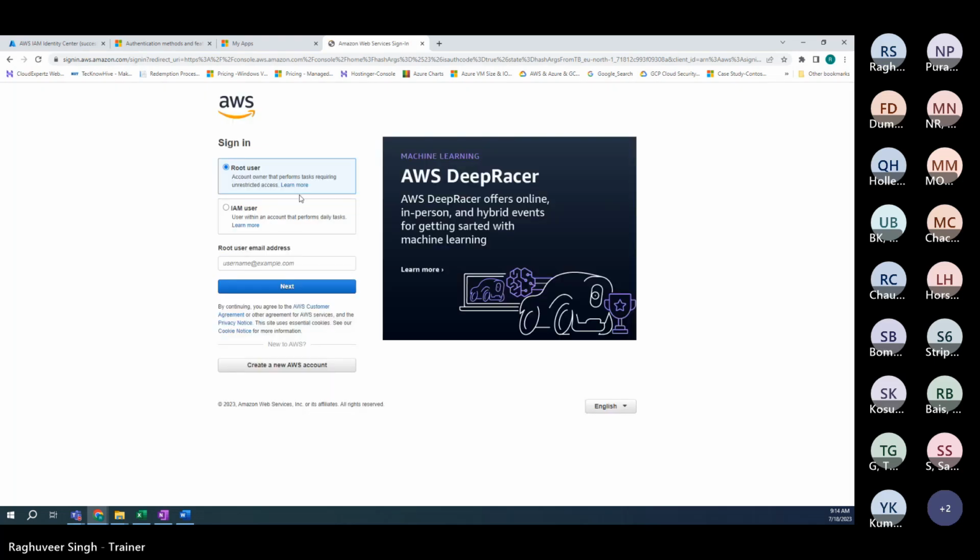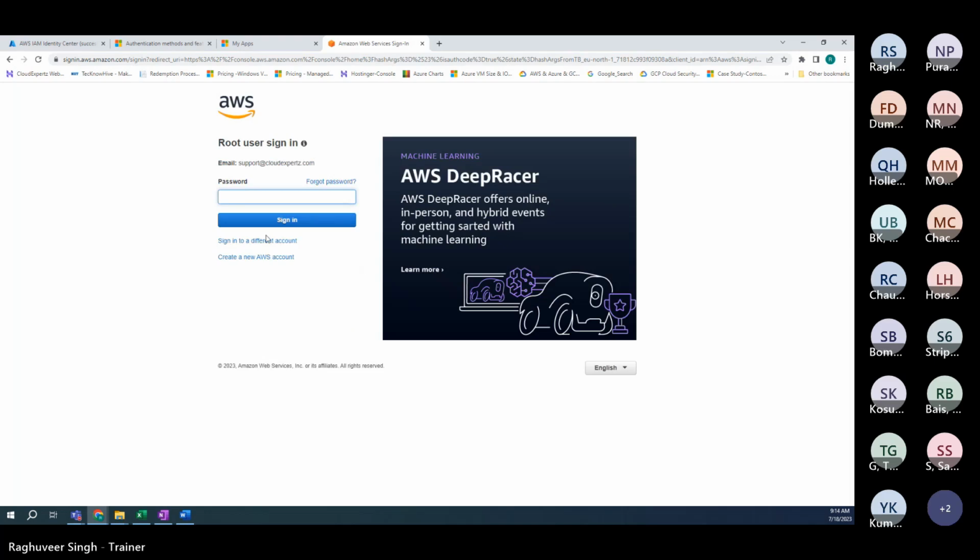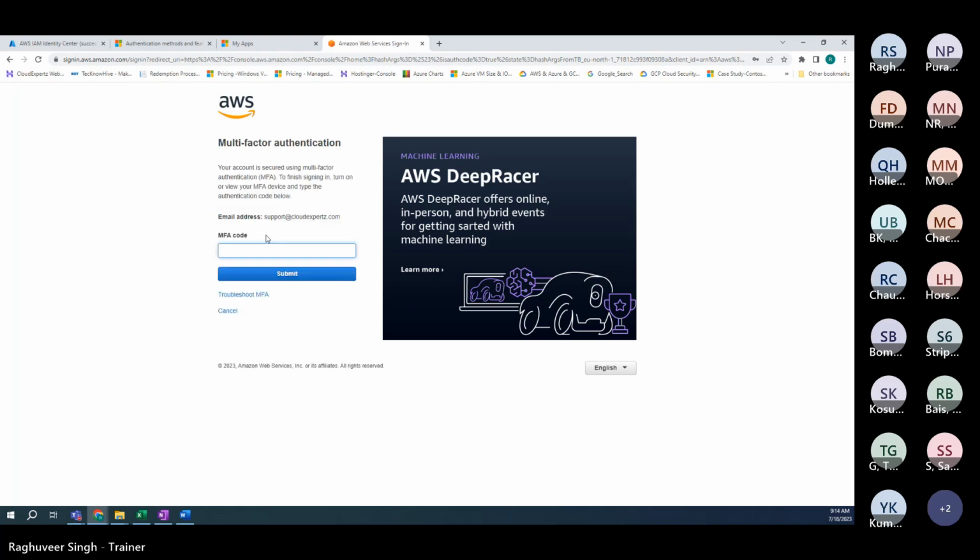So if I log into the AWS console, you can see I have MFA configured here because I'm signing in with the root user.